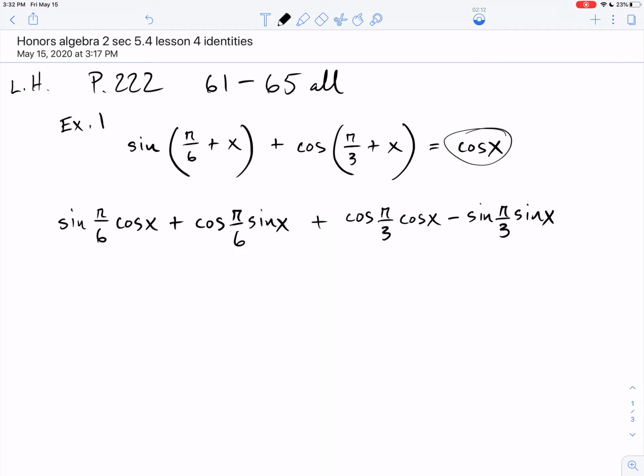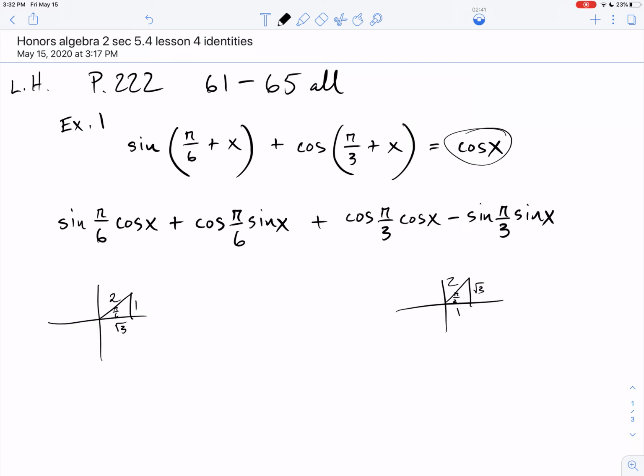But the thing is now, I'm going to think of my bow tie. I'm going to say, wait, pi over 6. If I had a pi over 6 angle, I could do 1, rad 3, and 2. And the other angle I need over here is going to be a pi over 3 angle. And that's just 1, rad 3, and 2. And I'm going to go get some stuff.